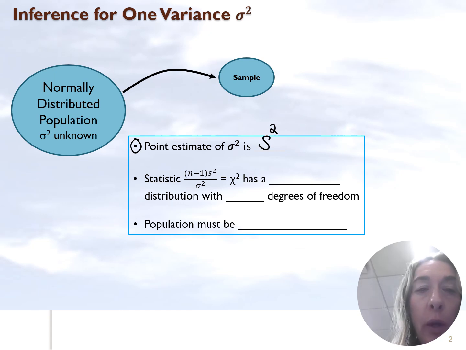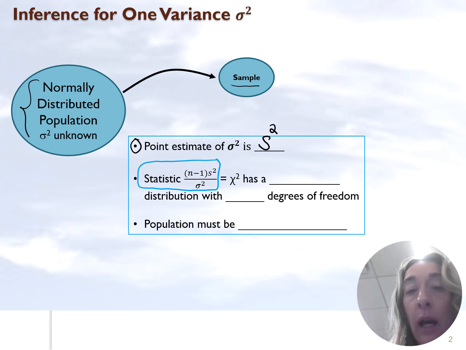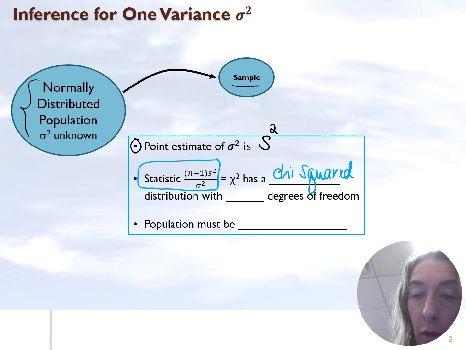So if we take a sample out of a normally distributed population, then this statistic or random variable, which is n minus 1 times the sample variance over the population variance, has a chi-squared distribution, which we write as chi-squared with n minus 1 degrees of freedom, or sample size minus 1 degrees of freedom.